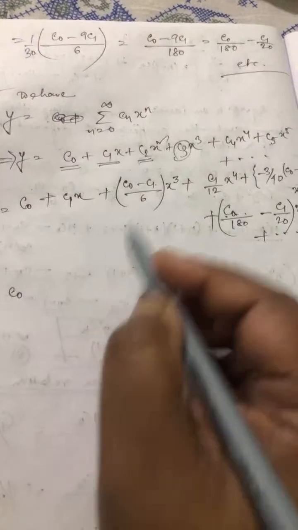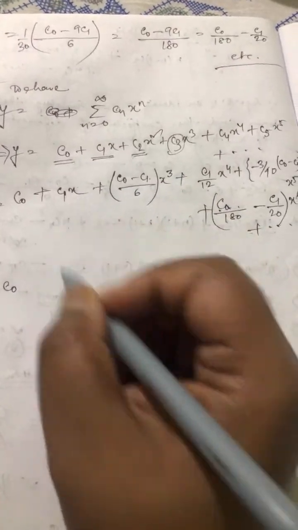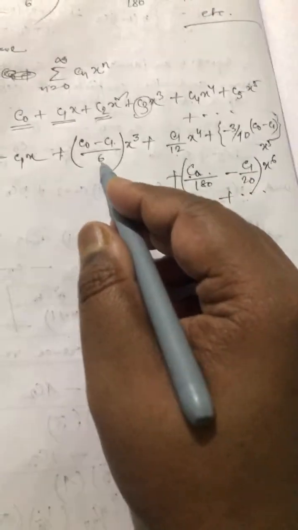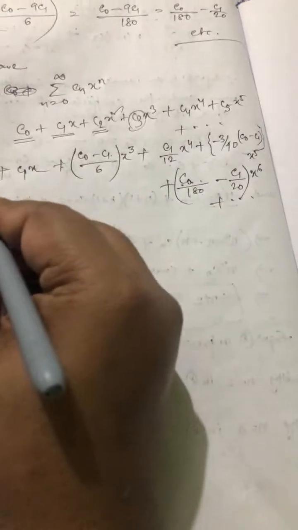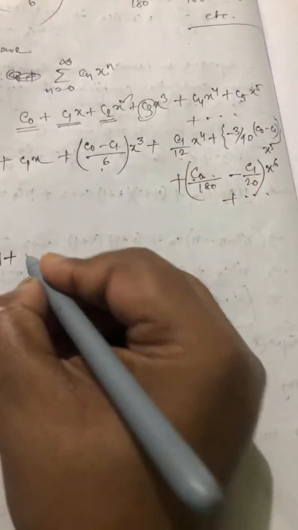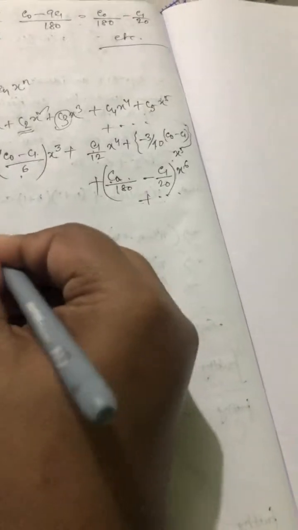So C0. Then let us separate everything in terms of C0 and C1. So C0, if we take common, this is 1. This is x cubed by 6. This will be minus 3 by 40 x to the power 5.